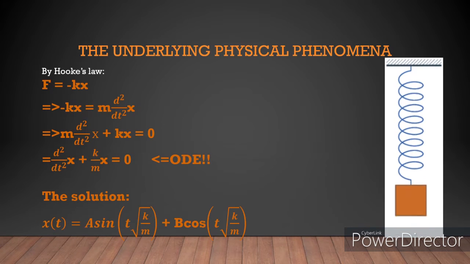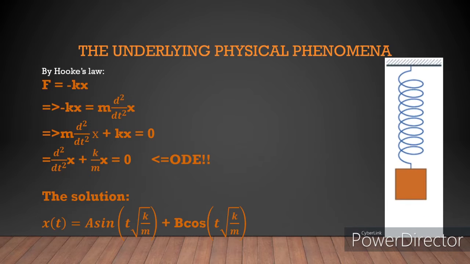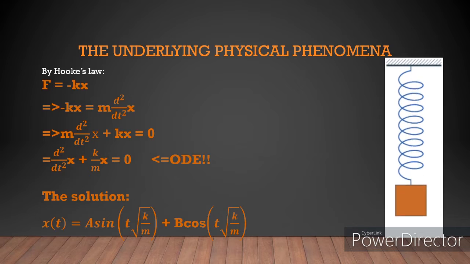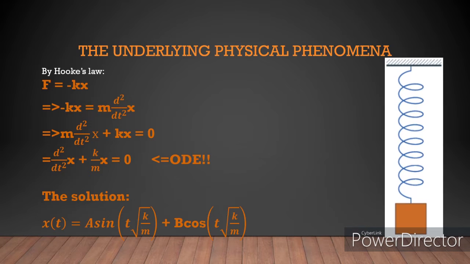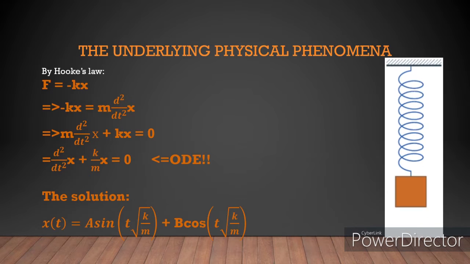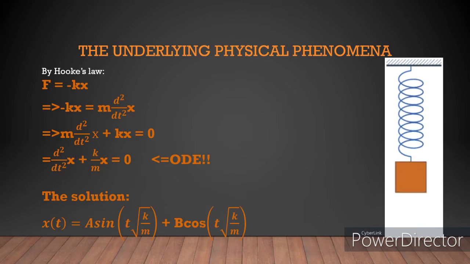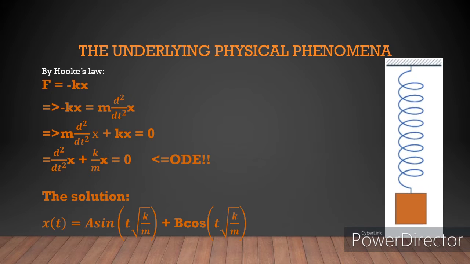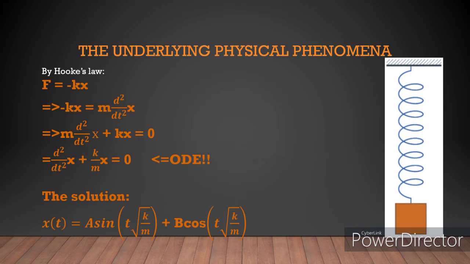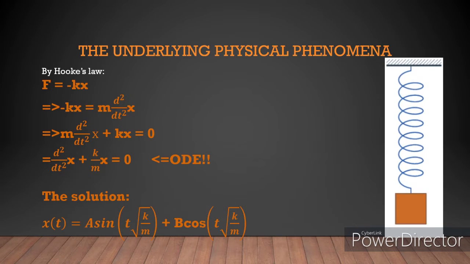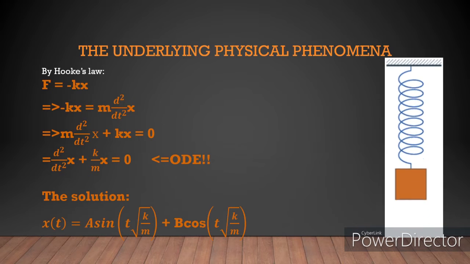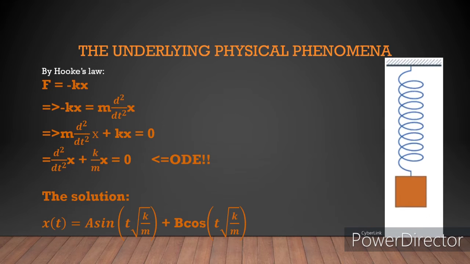F is the resulting force vector, the magnitude and direction of the restoring force the spring exerts. K is the spring constant of the spring, a constant that depends on the spring's material and construction. The negative sign indicates that the force the spring exerts is in the opposite direction from its displacement.